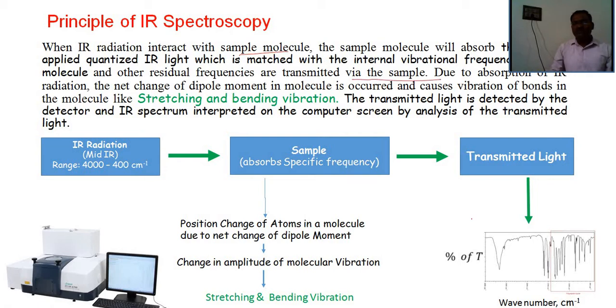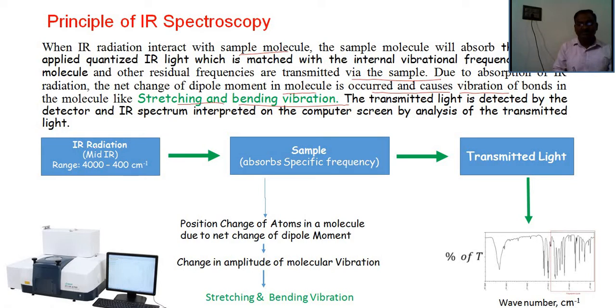Due to the absorption of IR radiation, a net change of dipole moment in the molecule occurs and causes vibration of bonds in the molecule, like stretching and bending vibration. The transmitted light is detected by the detector and the IR spectrum is displayed on the computer screen by analysis of the transmitted light.